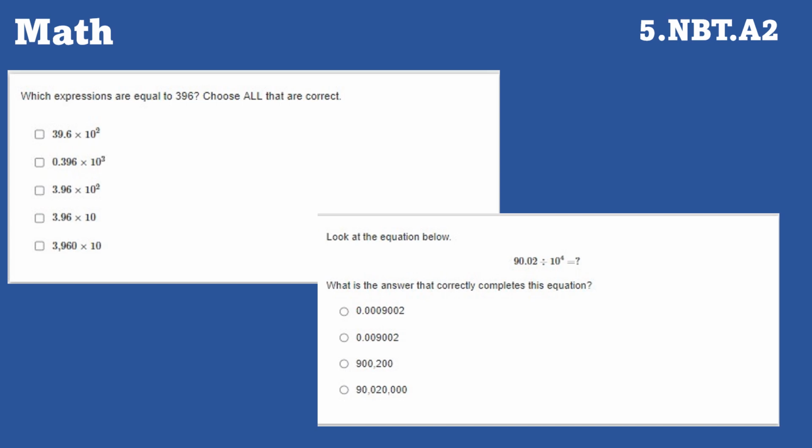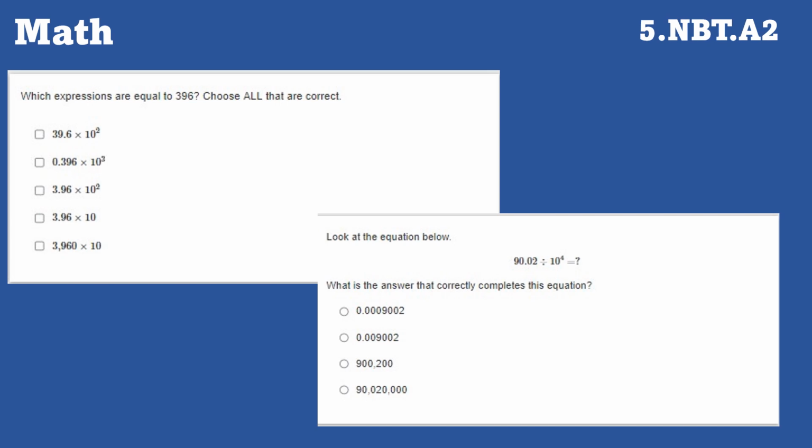Parents, I also want you to encourage your child to read the questions on the assessments. On the screen, you will see two sample questions from our 5th grade assessment that children took right before fall break in mathematics.